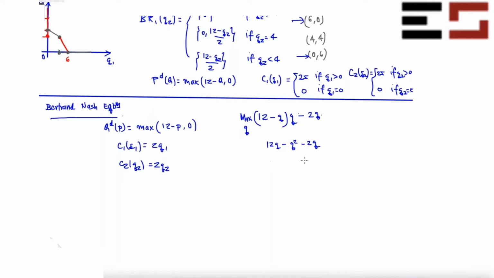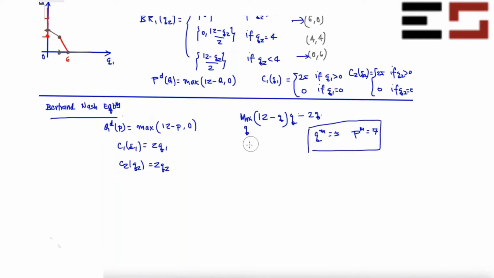The first-order condition is 10 minus 2Q, so Q is equal to 5. The monopoly quantity is 5, and the monopoly price is 7. Is that clear? Is everyone getting this?